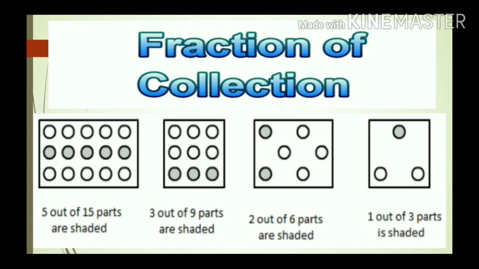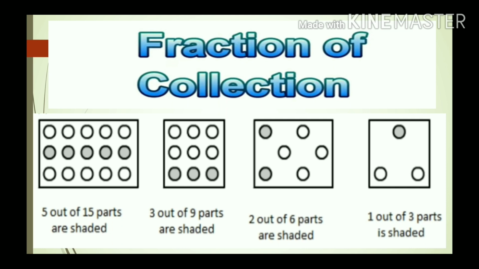Now let's see what is a fraction of a collection. As you can see here, these figures show the fractional part of a collection or a group. In the first one, the total number of balls is 15, and 5 out of 15 parts are shaded. So the fraction is 5 out of 15.